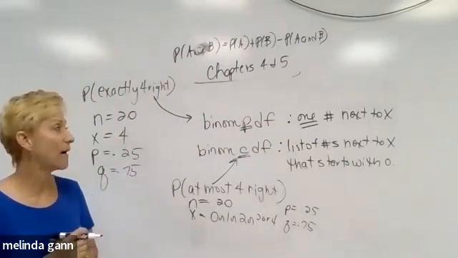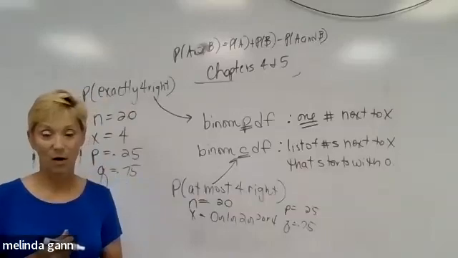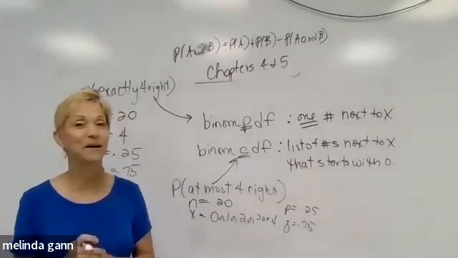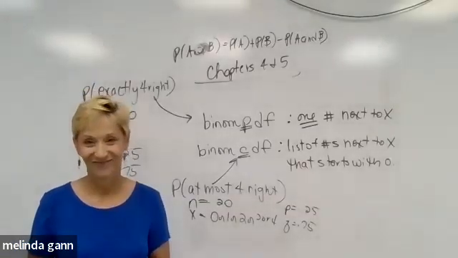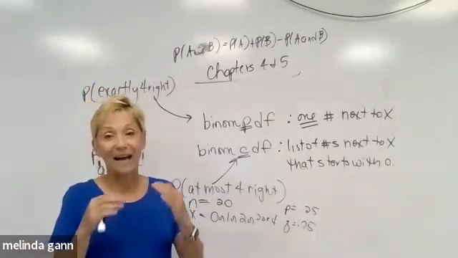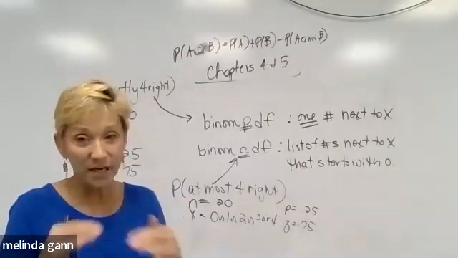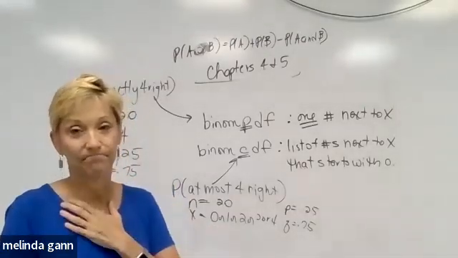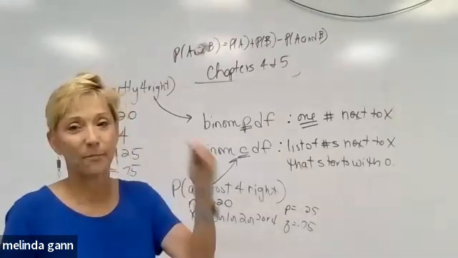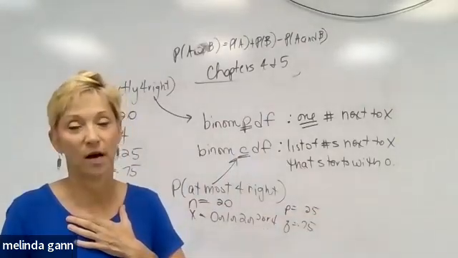Now, remember where I said at least 4. At least 4 was a list, but it didn't start with 0. Well, then I'm stuck. Now, the video will tell you what to do when you do that. You can do 1 minus the probability of the complement. That's what I would do, because that list will start with 0.